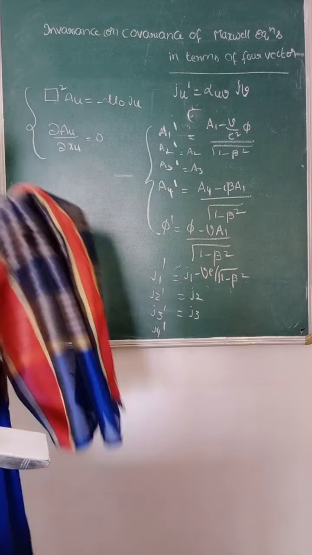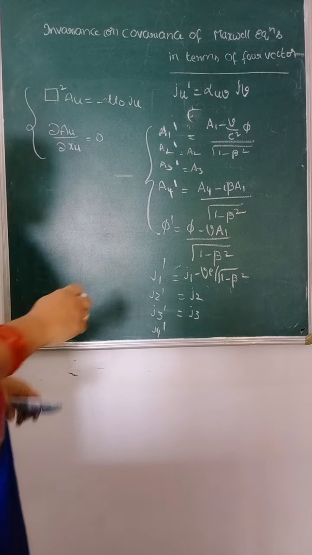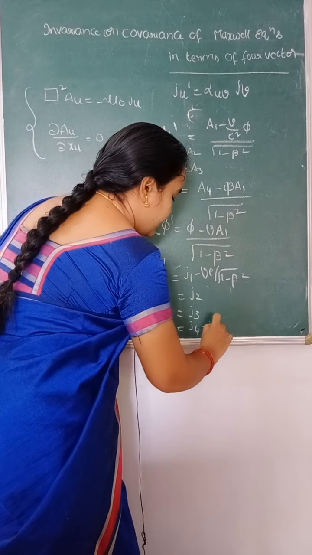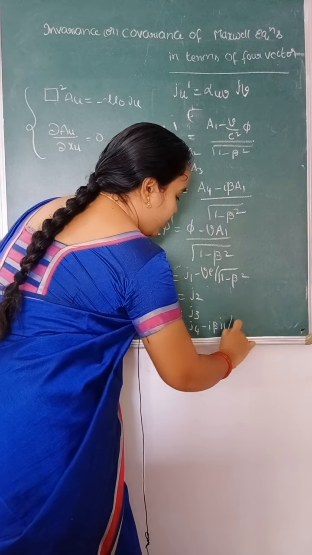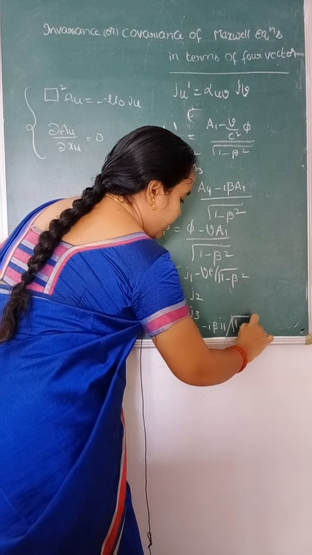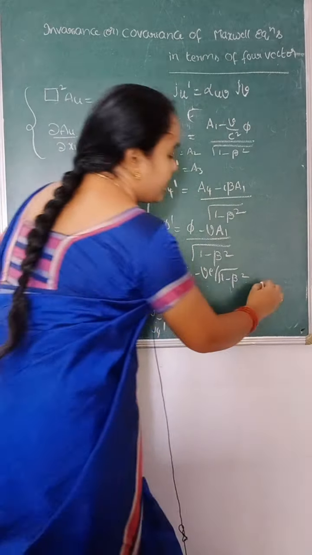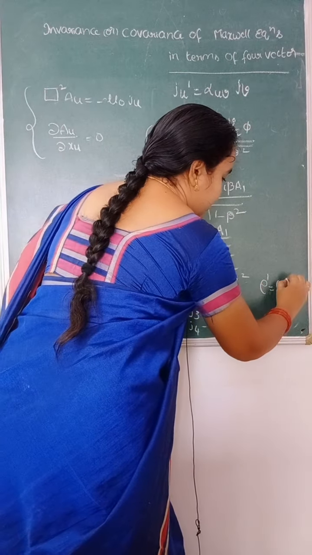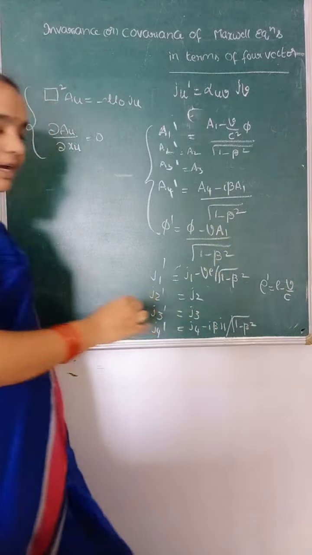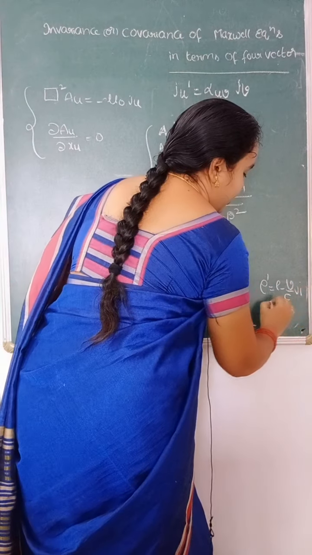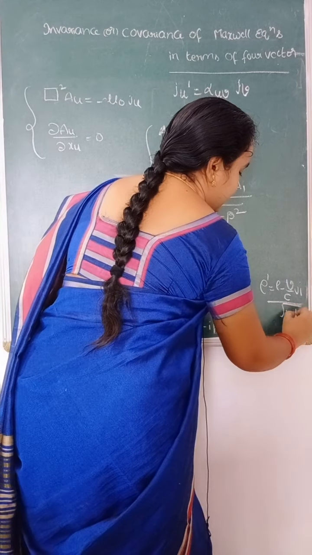And J4 dash is J4 minus i beta J1 by root of 1 minus beta square, or simply rho dash is equal to rho minus V by c square into J1 by root of 1 minus beta square.